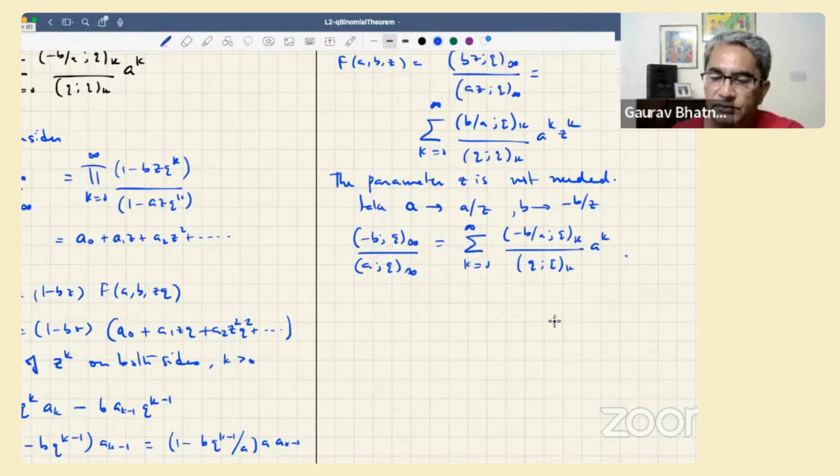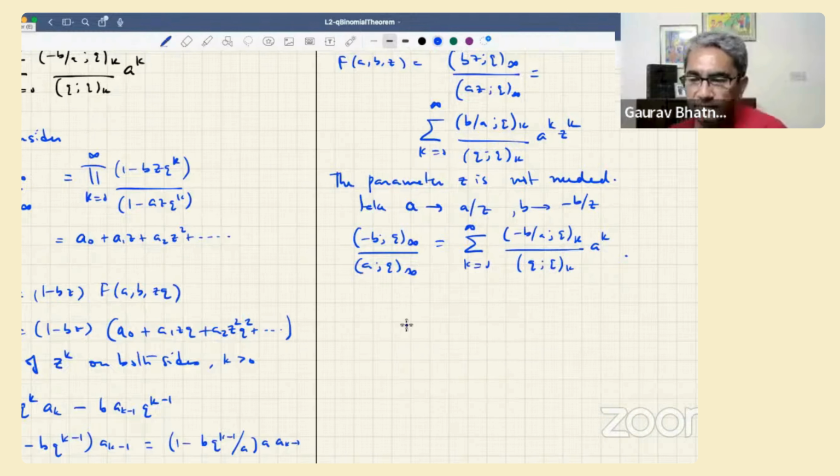So this is a formal derivation, and we have to get used to formal derivations, but this proof works even as an analytic identity.